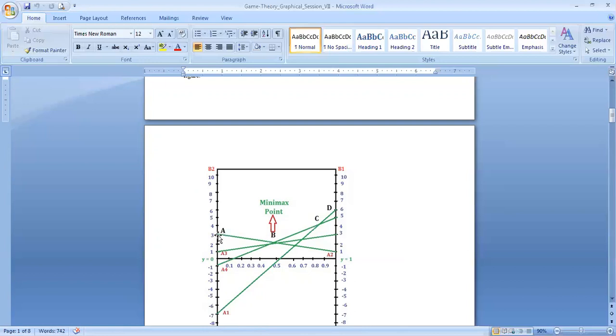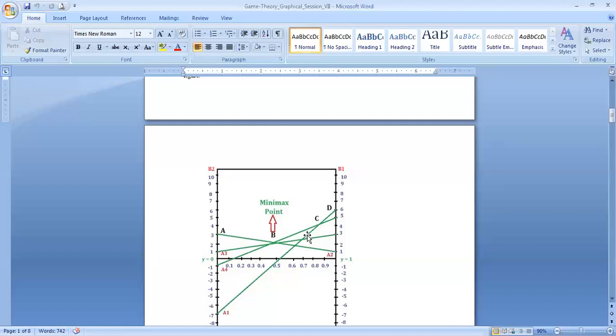So here A intersects with B2, D intersects with B1, and C is a point intersected by A1 and A4. And similarly, the point B is intersected by A3, A4, and A2. A2, A3, A4, these are the lines which intersect here.